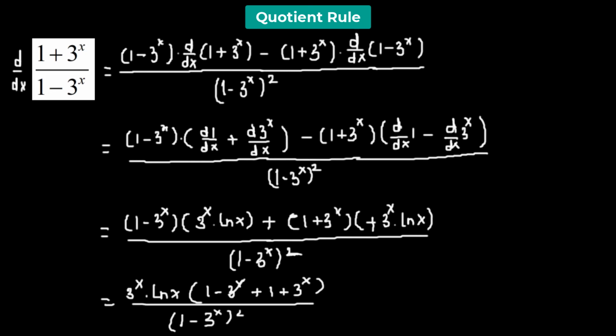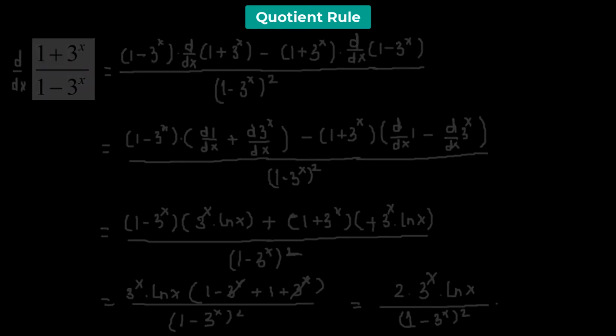So 3 raised to the power of x gets cancelled, and that gives us 2 times 3 raised to the power of x times log divided by 1 minus 3 raised to the power of x whole square. So this is the derivative of the given function with respect to x.